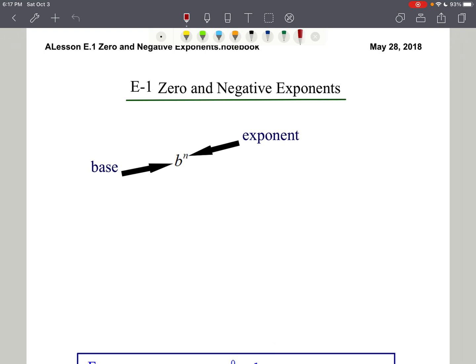classes. So it's important for us to know that we have a base raised to an exponent. And that exponent tells us how many times we are going to multiply the base times itself.